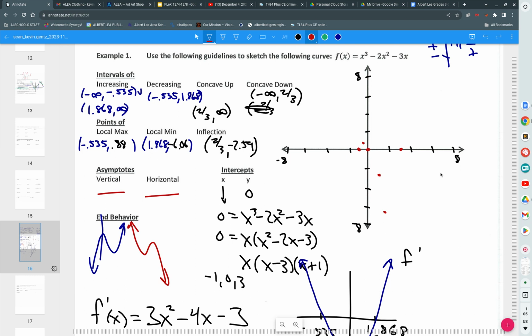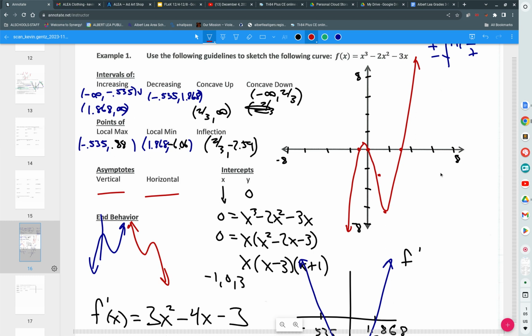So as I go ahead to sketch this, that's my shape. Now you could have made it different. You could have made your x values only go, say, out to -4 and +4.